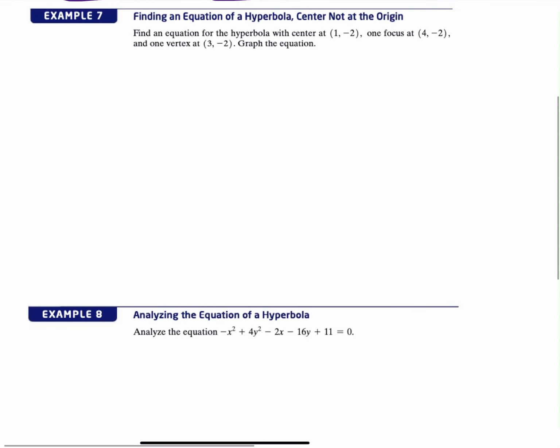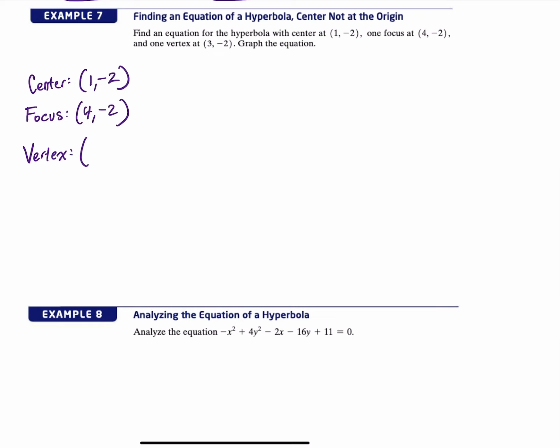So let's start with example 7. They want us to find the equation of a hyperbola with a center point at (1, -2). One focus point is at (4, -2), and one vertex is at (3, -2). So let's plot these and see what emerges.